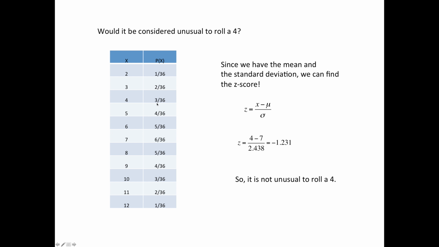Another way to answer that question is you could go over here and just divide 3 divided by 36, and you'll see that 3 divided by 36 is an 8.3% chance. So there's an 8.3% chance, which is not below 5%, so it's not considered unusual.